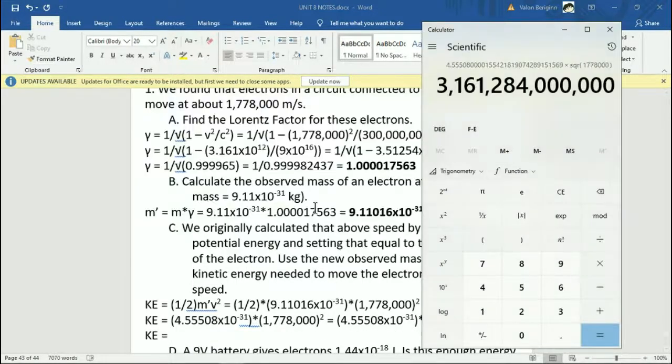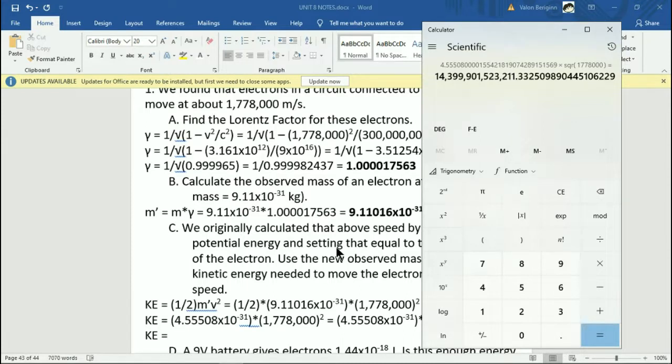We get 1.43999 times 10 to the... Why am I... Oh, because I forgot that I had the negative 31.